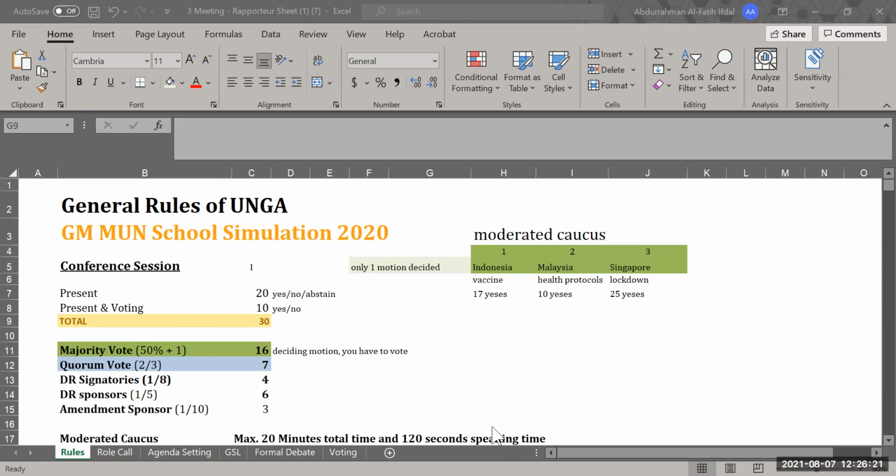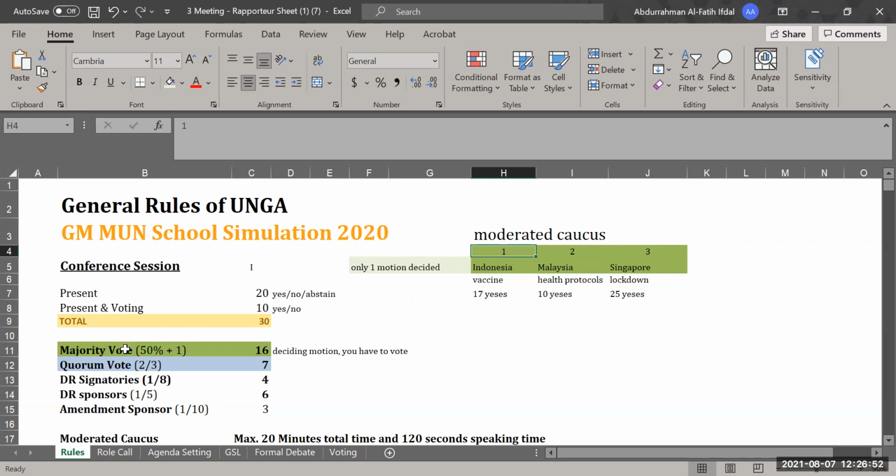Now we will try to analyze the question, and then we will get to the answer. Again, bear with me that there's only one motion to be chosen, but there are already three motions on the floor. So we have to analyze which one passes and which one fails. Let's look at Indonesia. Indonesia gets 17 yeses, and Indonesia is the first country that proposes the motion.